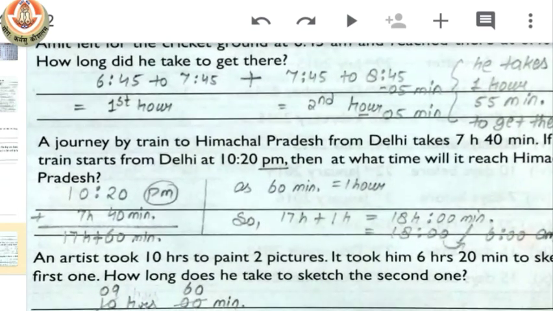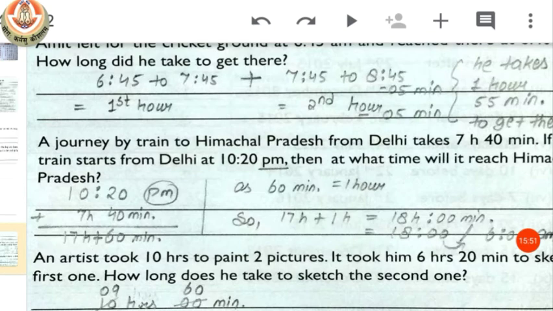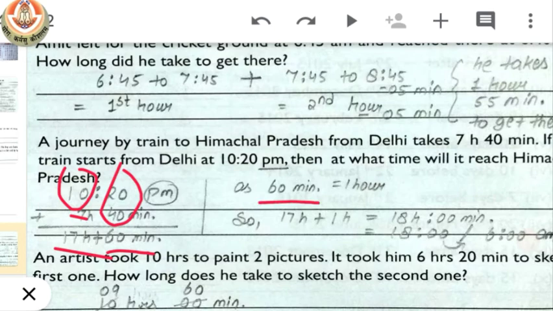When we add 7 hours 40 minutes to 10:20 p.m., 20 plus 40 gives 60 minutes and 10 plus 7 gives 17 hours. As we all know, 60 minutes equals 1 hour, so we can convert these 60 minutes into an hour. So we get a total of 17 plus 1, that is 18 hours.